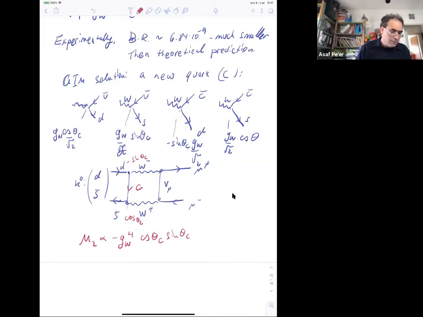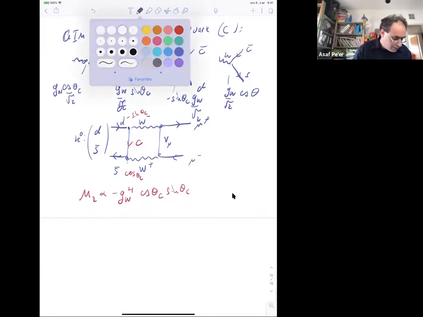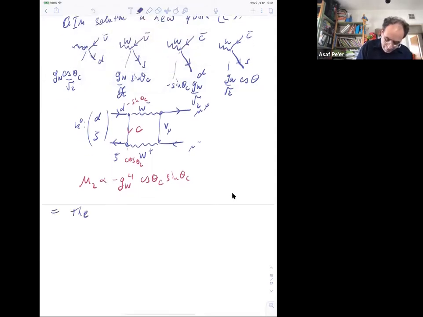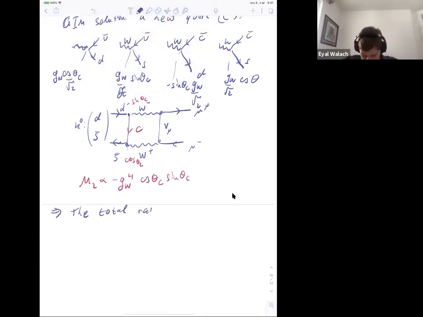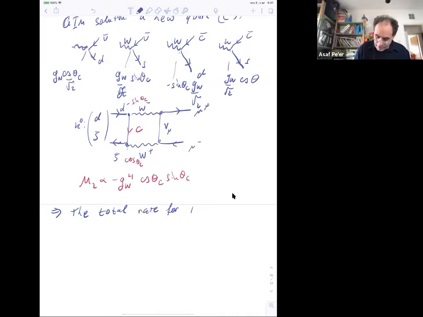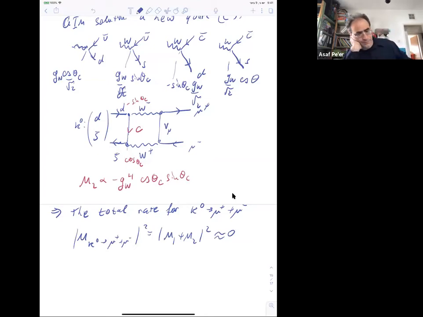The total rate for the kaon decay into a pair of mu plus minus should be proportional to M1 plus M2 squared, so K0 goes to mu plus mu minus is just M1 plus M2 squared, which is nearly 0. So that was their suggestion. It's a kind of nice mechanism.